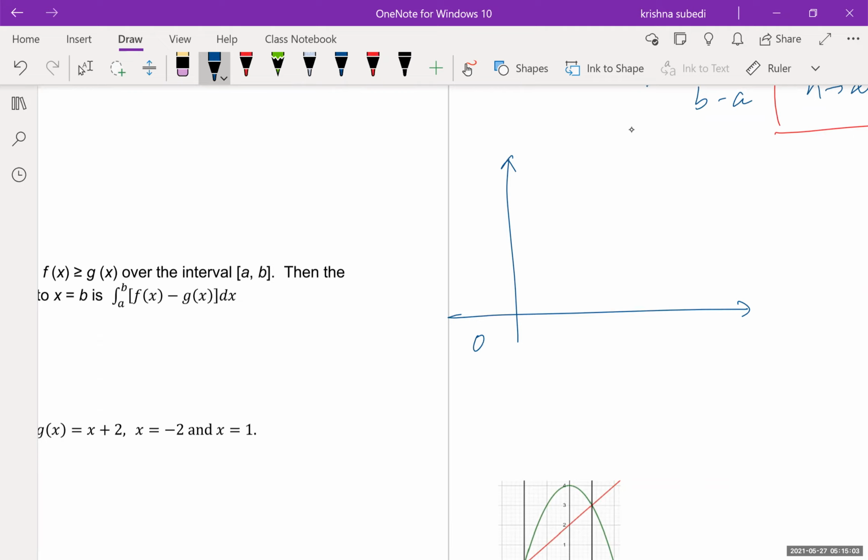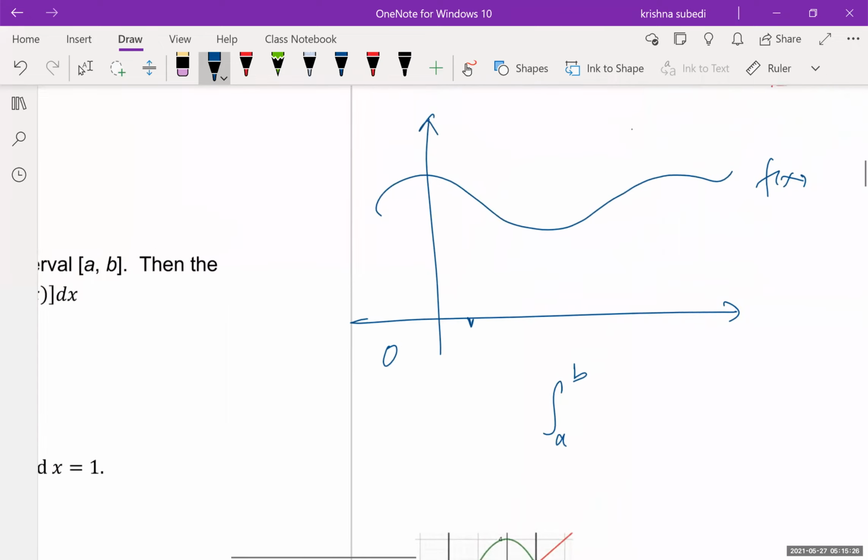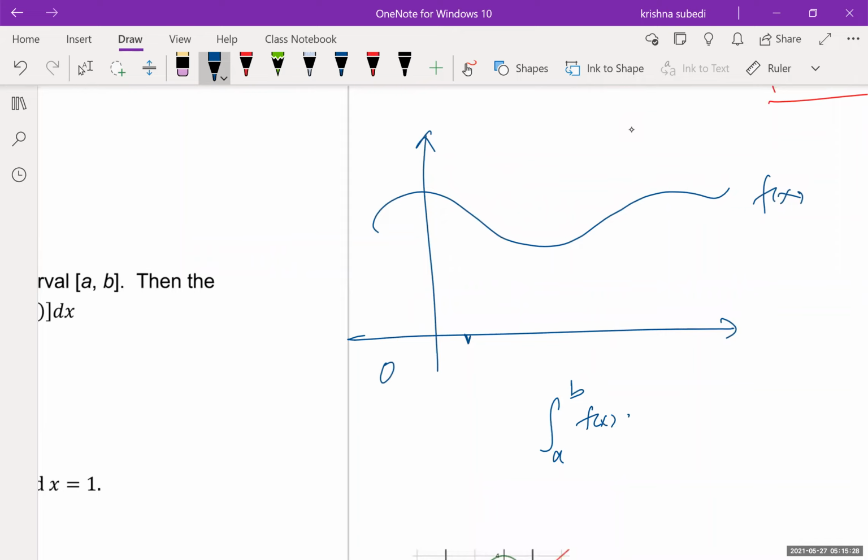Suppose I have a function here. Let's say this is my function f of x. And if I write the integral from a to b of f of x dx, then what does that mean?